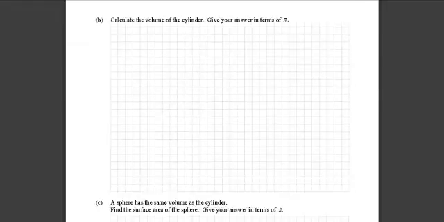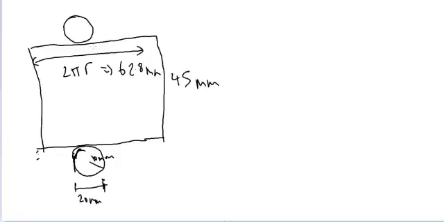Part B. Calculate the volume of the cylinder. Give your answer in terms of pi. Well, the volume of a cylinder is pi r squared times h. So r is equal to 10 and h is equal to 45.